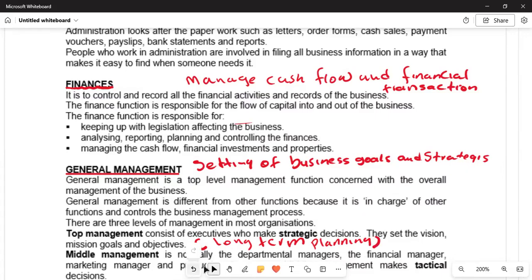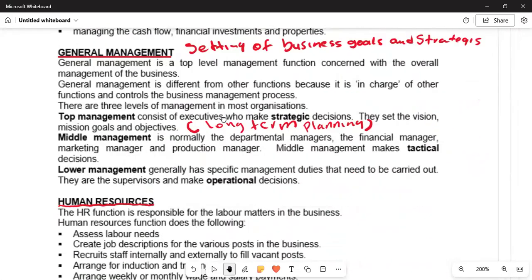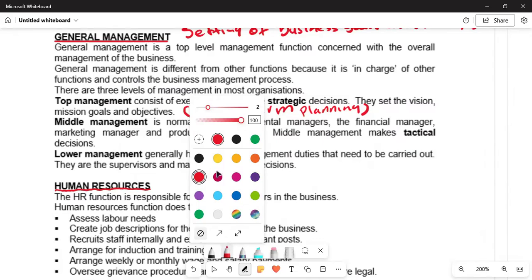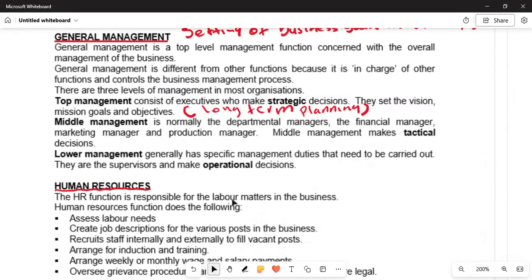Now we move on to middle management. So with this one, the middle management is normally the departmental managers, the financial manager, marketing manager, production manager. So the middle management makes tactical decisions, meaning the middle management, they are just going to do what?